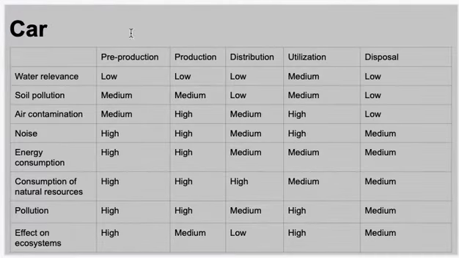Table for the car. So again, you can see air contamination is high during utilization, but maybe it's a bit low during disposal, okay? So noise could be really loud whenever they're crunching up those cars. So all these types of factors can affect this product on the different phases of the life cycle.